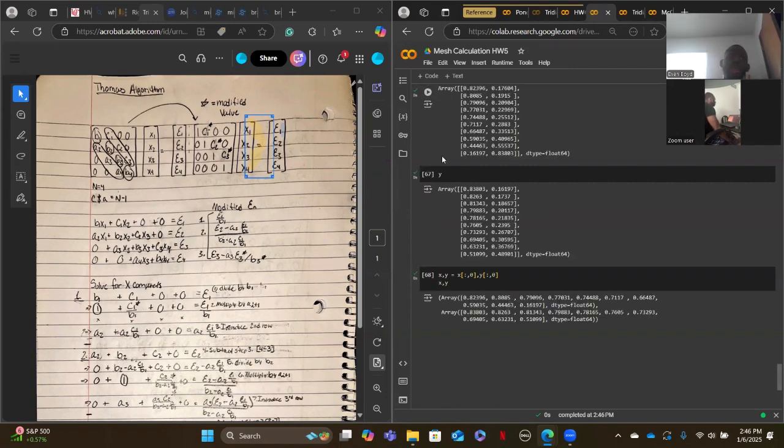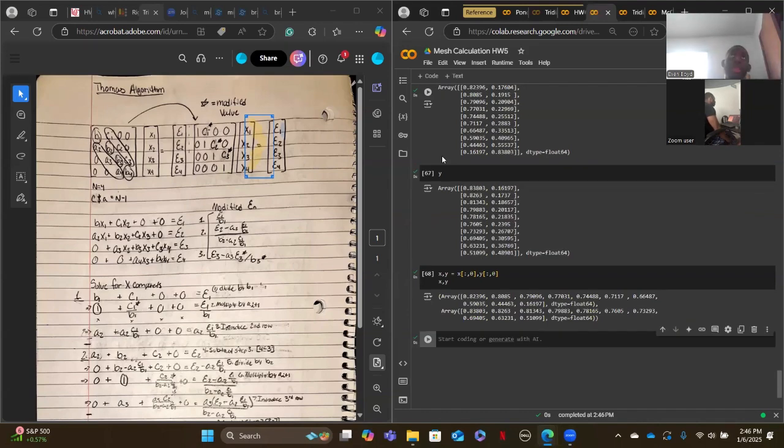We have 10 data points right now for our X and Y, but we need to double them. So we need to capture the first data point, double the middle, and then capture the last data point for our X composition. So yes, now this works.